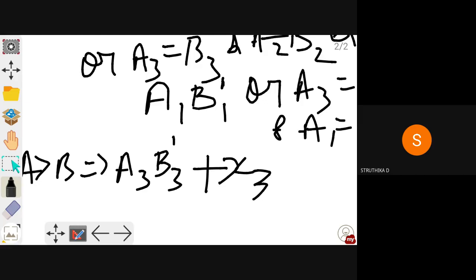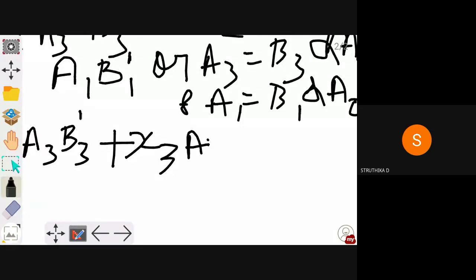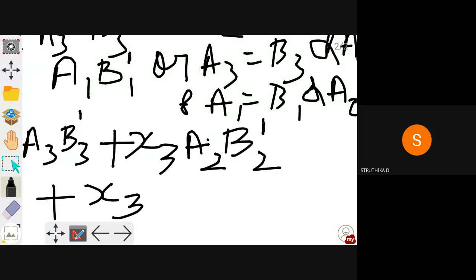Understood? So for A3 equal to B3 we have already derived the condition, that is A3 B3 plus A3 dash B3 dash, and you are assigning a variable x3. So you are using x3, and the second condition is A2 should be 1 and B2 should be 0, plus A3 equal to B3, for that x3, A2 equal to B2, for that x2, A1 should be 1 and B1 should be 0.